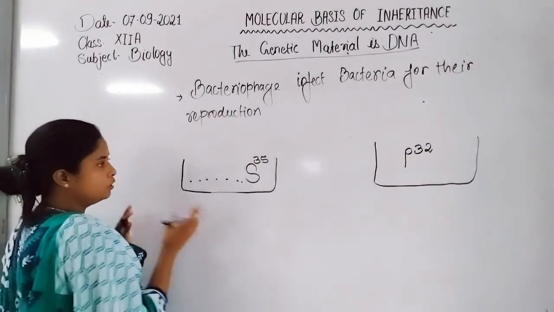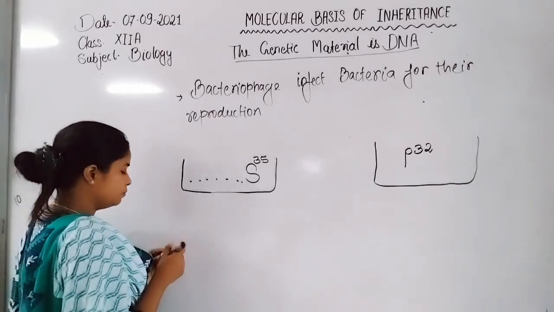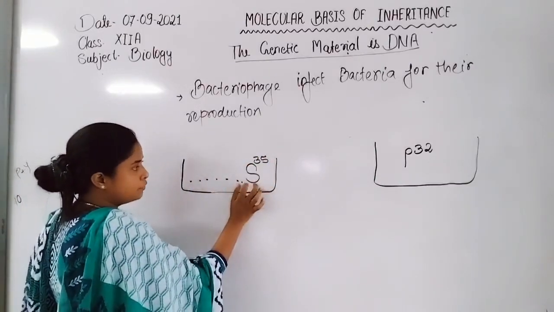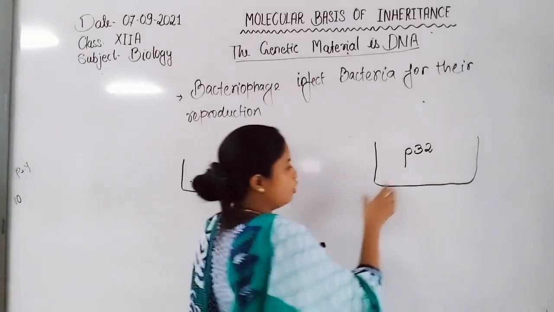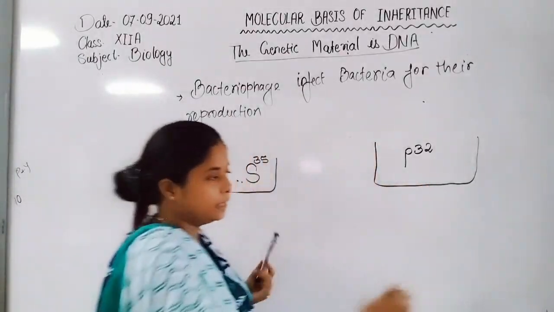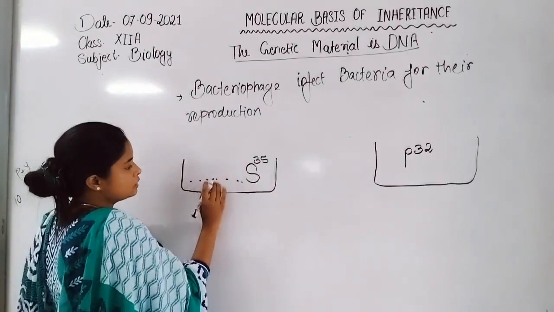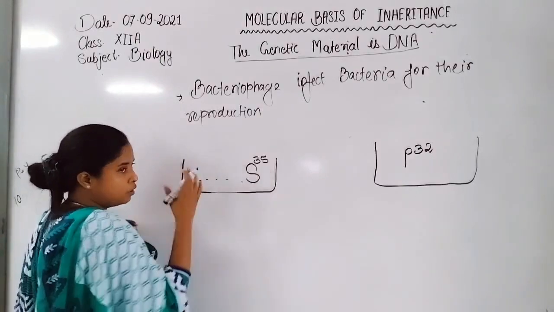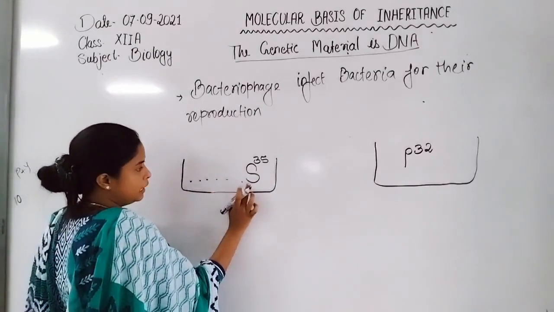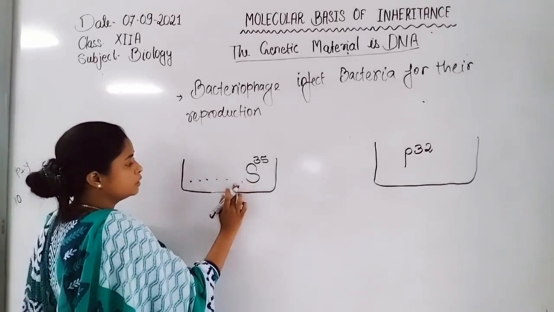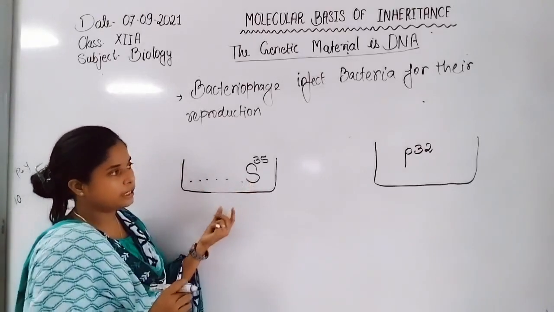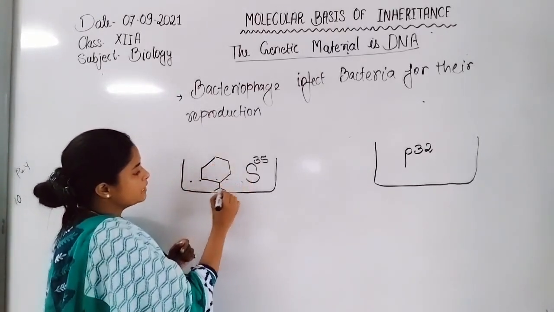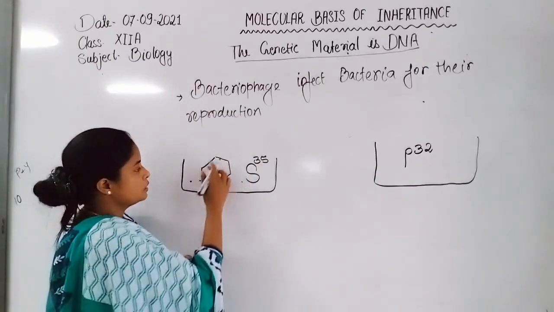So while working on the bacteriophages, they grew them in the medium of radioactive sulfur and the medium of radioactive phosphorus separately. During the growth, because he used radioactive sulfur, only the protein of the bacteriophage, present in their cell coat, is radioactive.